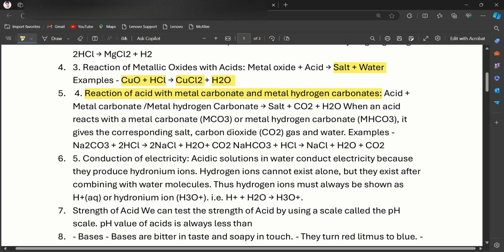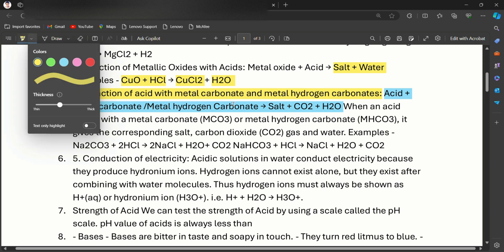Okay, so you will get, where is the acid? I will change the color so it gets highlighted.